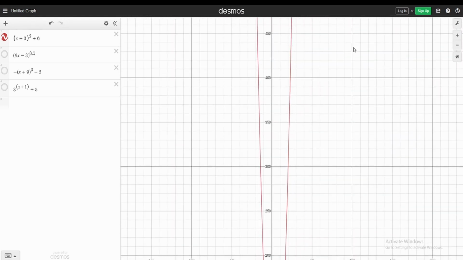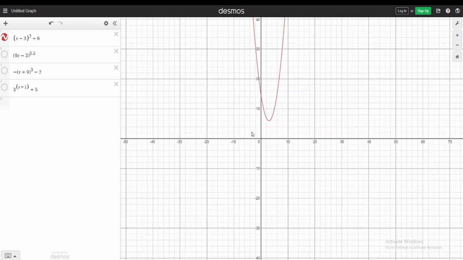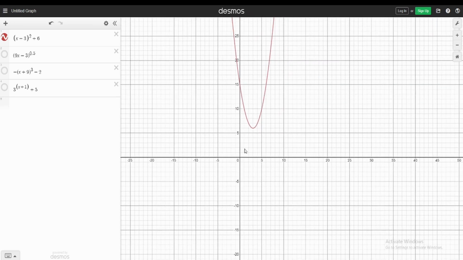So if we zoom back in, we also see that we didn't see any value below 6. This is because a parabola points upwards, and this section is always greater than or equal to 0. So our domain is x is an element of real numbers, and our range is y is an element of real numbers such that y is greater than or equal to 6.